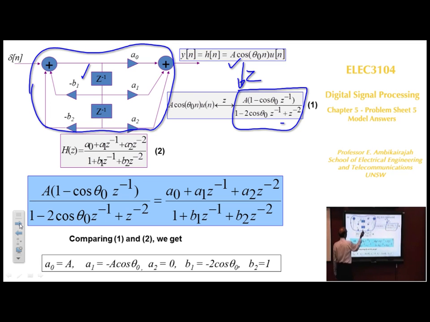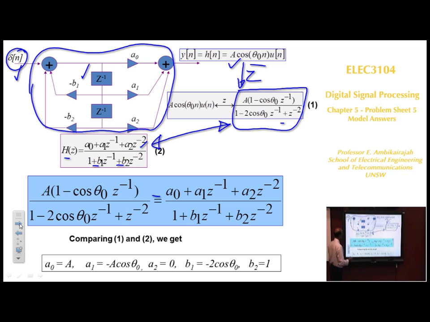Very easy, Y over X is equal to A0 plus A1 plus A2 added up, divided by 1 plus B1 plus B2. Now, when I give X as delta, I must get this. That means these two transfer functions must be the same. They are identical.